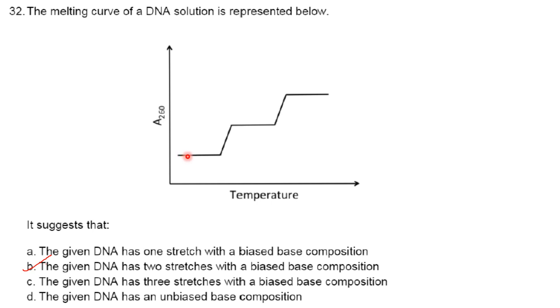First it is constant, and then as the temperature increases, the absorbance remains the same, and at some point of temperature the absorbance increases. So again it becomes constant, then again increases, and then again becomes constant.